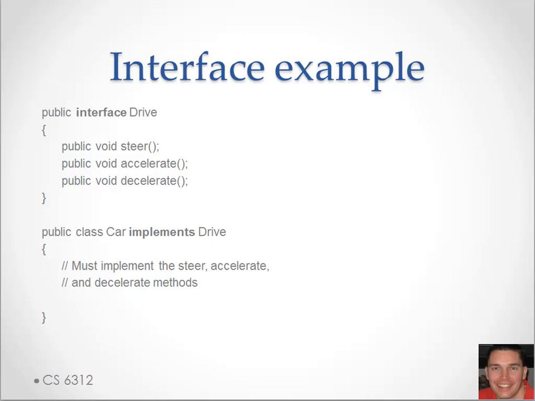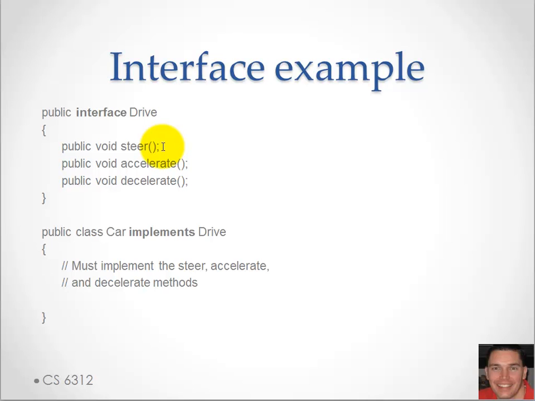We'll look at an example here, and then we'll look at specifically how an interface is implemented in Java. So here we have a definition of an interface class, public interface Drive. Now we're going to notice something here. In this particular class, all we have is the method declarations. There are no method bodies associated with this.